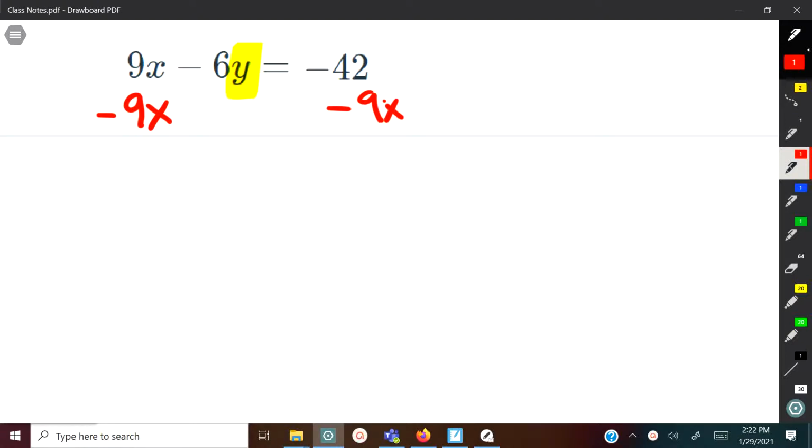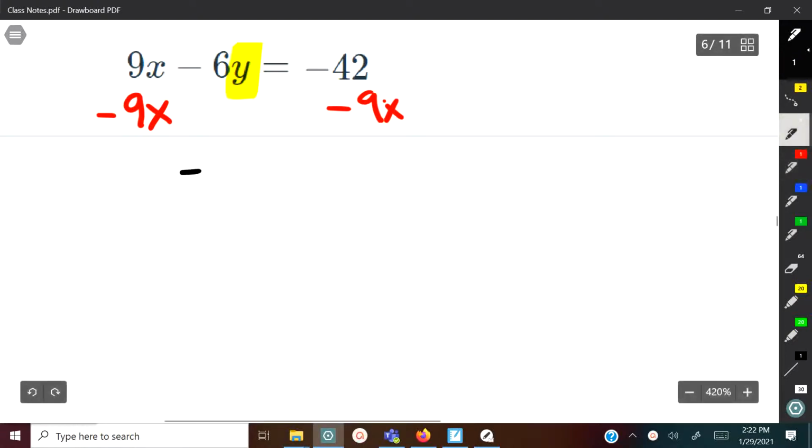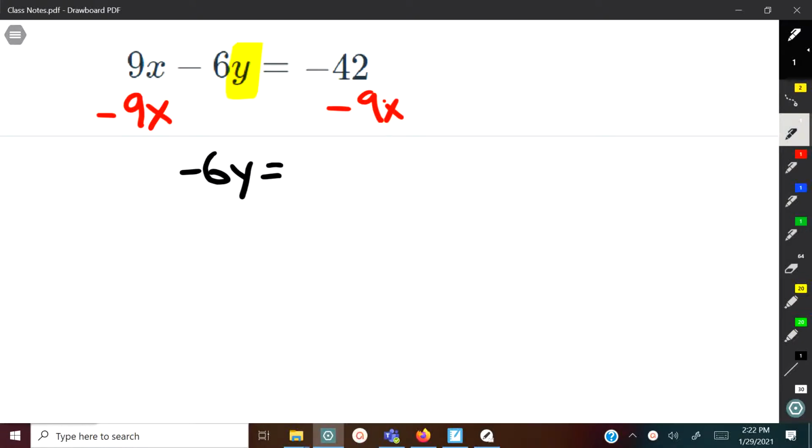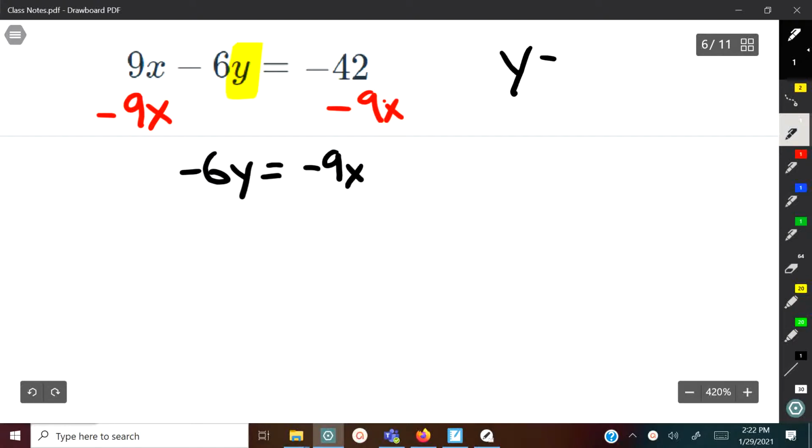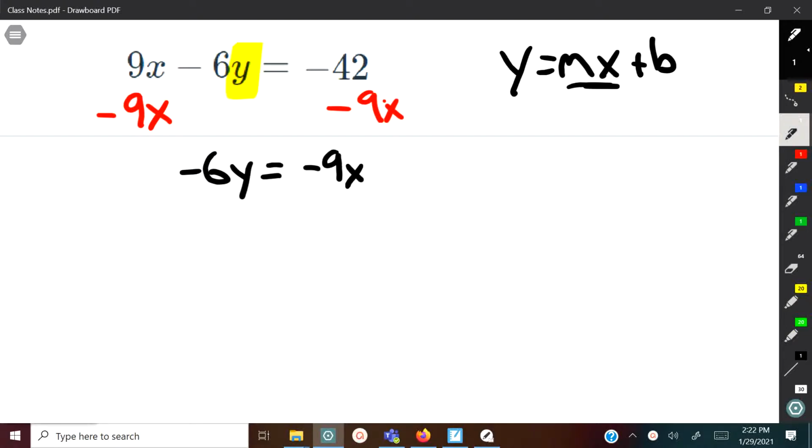Then I'm going to bring down this negative 6y. I'm going to write this negative 9x first. It's not wrong if you don't, but we want to make it look like y equals mx plus b. That mx comes first. So negative 6y is equal to negative 9x minus 42.